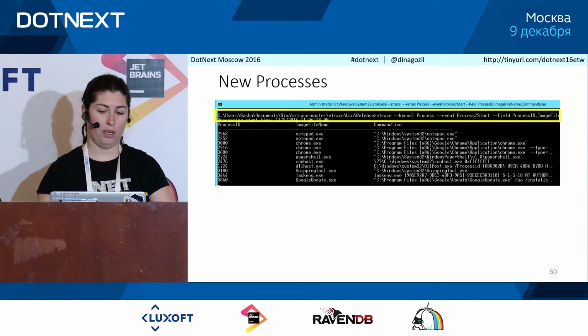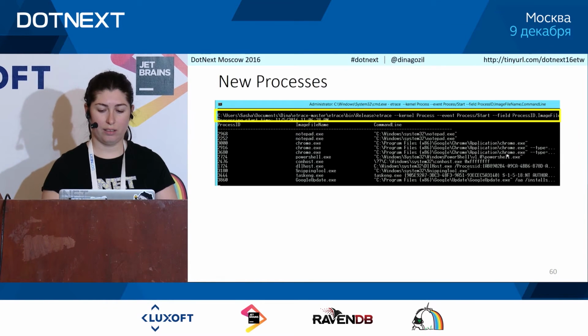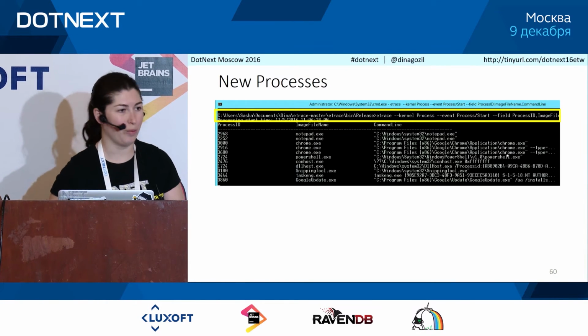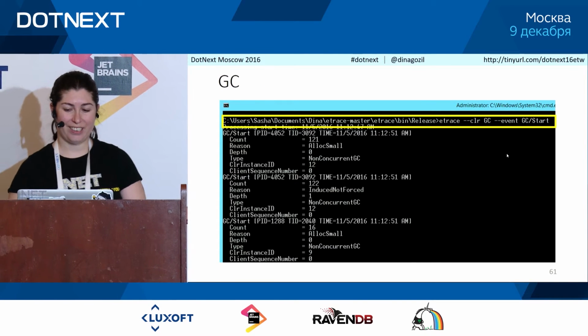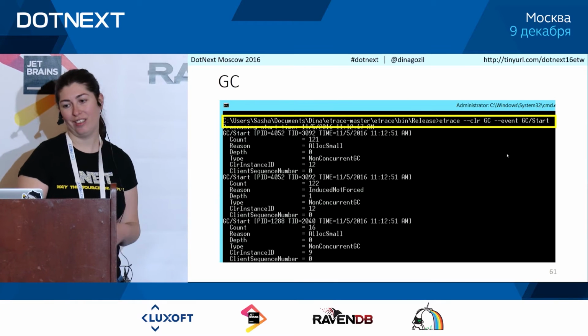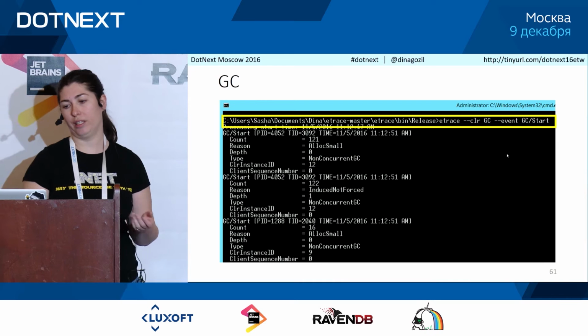So you can see when processes start. We can also see that Chrome has a ton of processes that start along with it, as you probably already know. Another example is GC. So we can monitor live any GC that happens on our system.